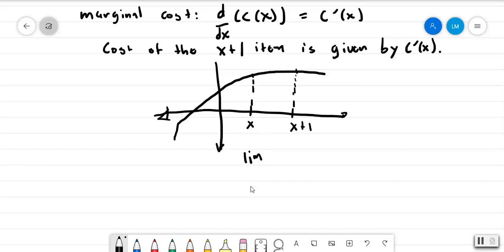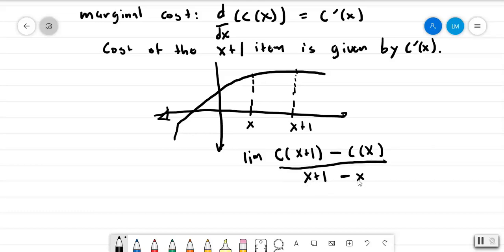So maybe it would be like this, where you have the cost of x plus 1, minus the cost of x, all divided by x plus 1 minus x, and you're taking the limit.